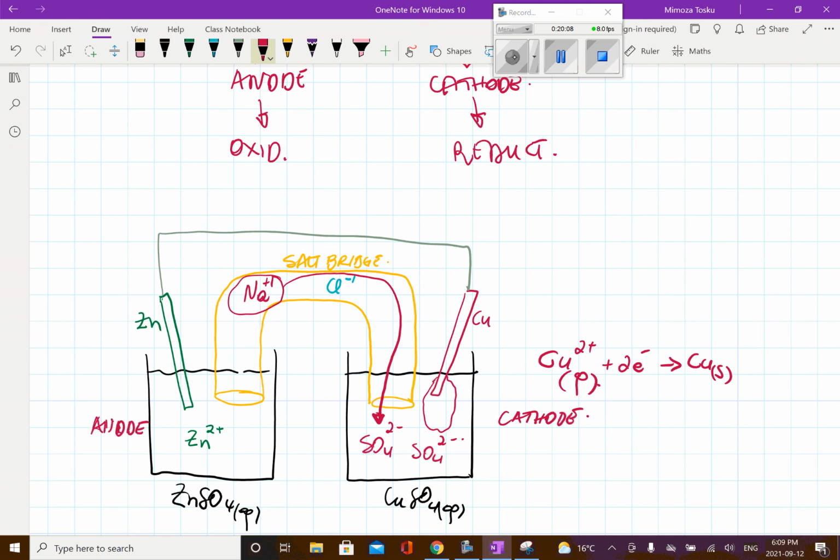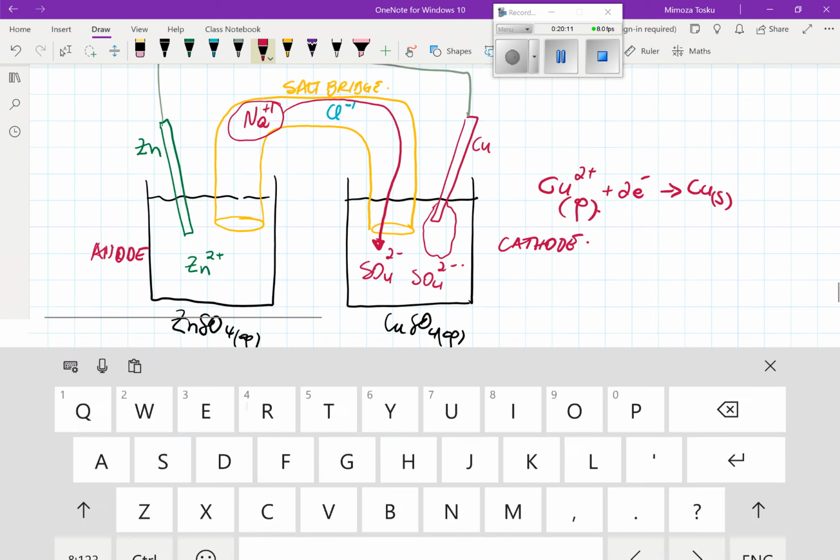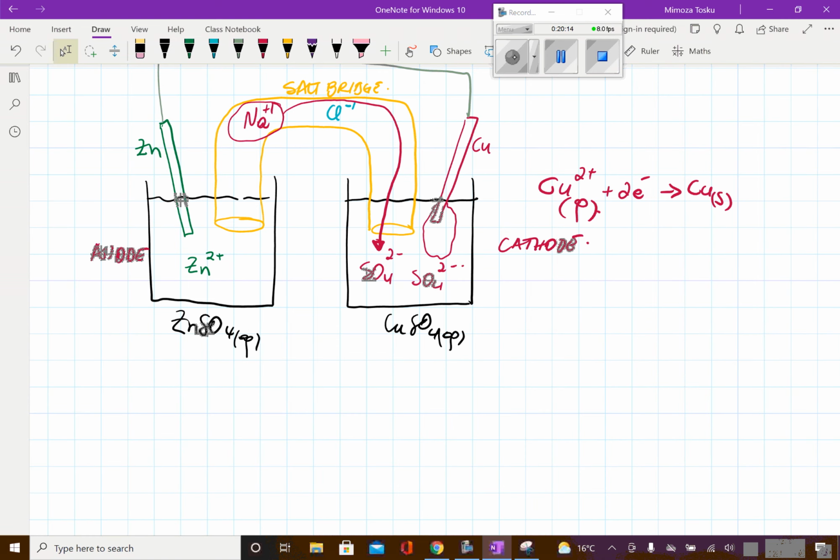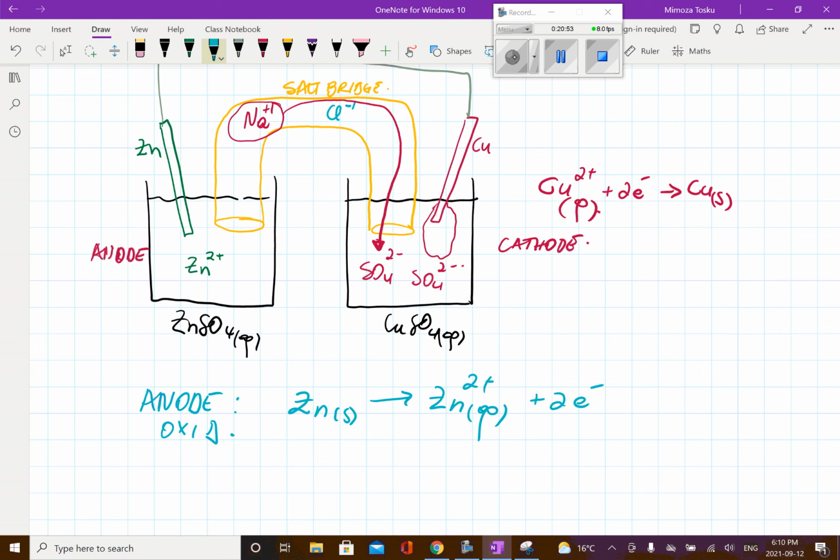On the other hand, in the anode we have a lot of zinc 2 plus, because what happened in the anode is the oxidation: zinc solid gives 2 electrons and becomes zinc 2 plus.